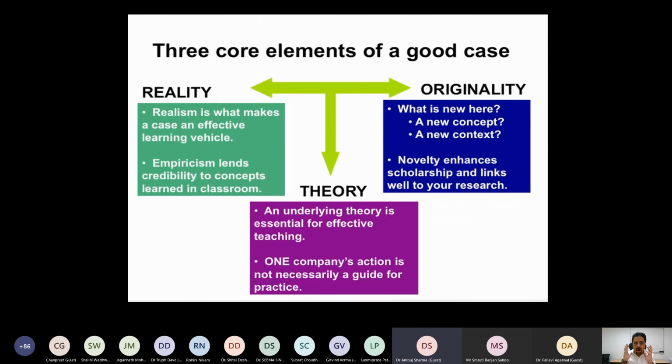You need to be on the ball, and you cannot structure your discussion in a very rigid, steel framework. You need to be flexible. You need to be adaptable. If an interesting question comes and everyone is looking forward to that answer, please give that.